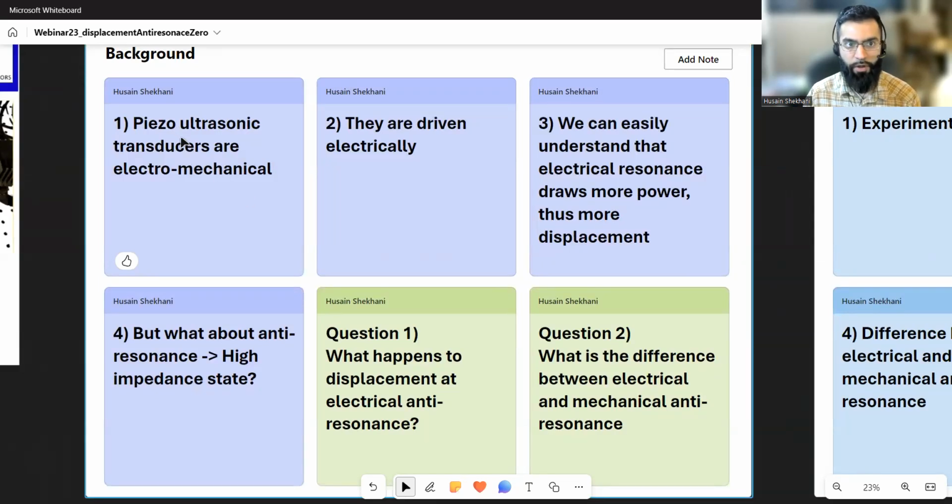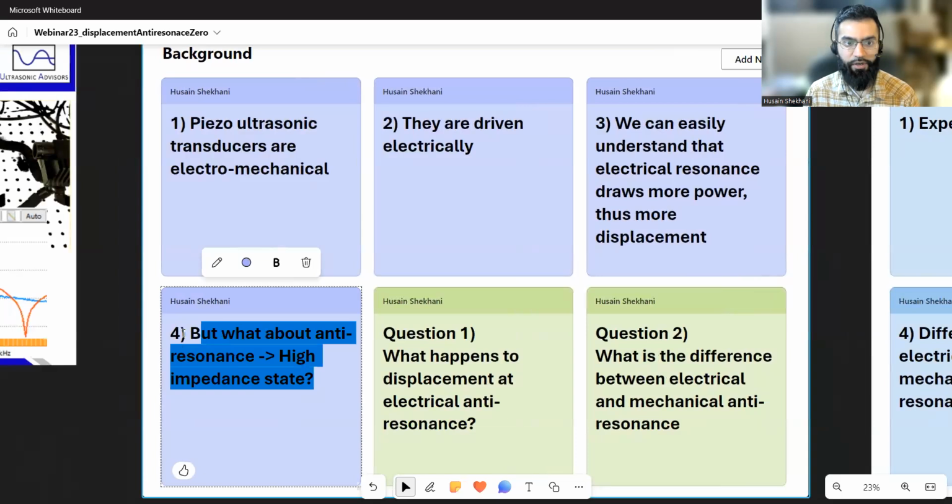Piezo ultrasonic transducers are electromechanical, so they're driven electrically. At electrical resonance, there's more power draw, therefore there's more displacement, more mechanical motion. But what happens at anti-resonance here?